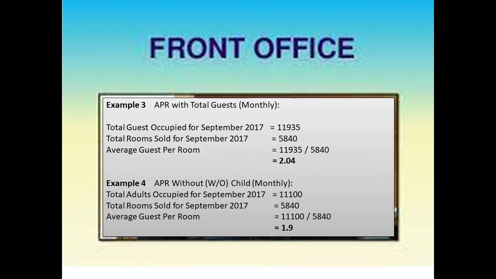Example number 4, APR without child monthly. Total adults occupied for September 2017 is equal to 11,100. Total rooms sold for September 2017 is 5,840. So the average guest per room is equal to 11,100 divided by 5,840. The answer is 1.9.